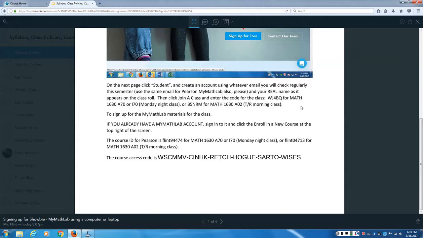But you might want to write that down, because that's the only thing you're going to need. The rest of it's all going to be in Shelby once you get in. But our class code is WJ4BQ, and that's for tonight's class. So those of you that are reading, not this one, that's for my tomorrow morning's class. Y'all are separate. So you want the WJ4BQ.